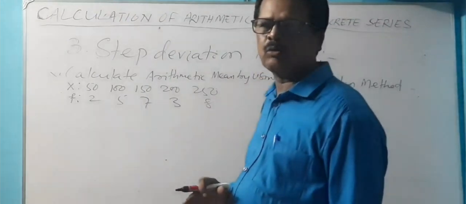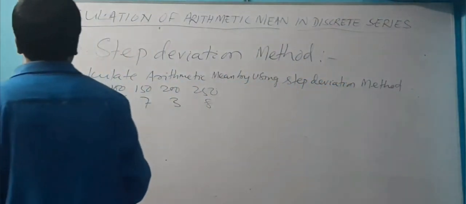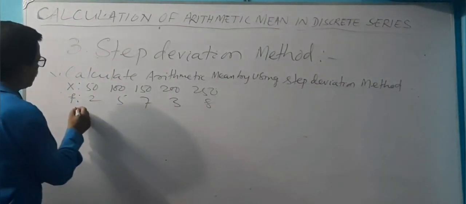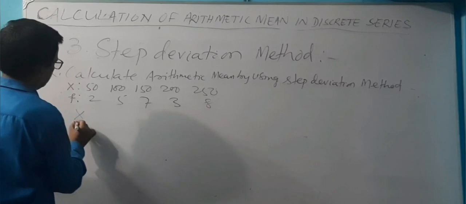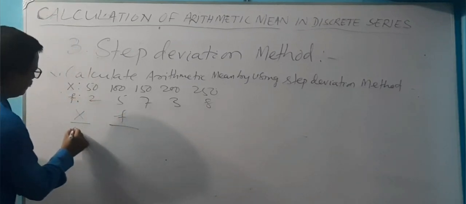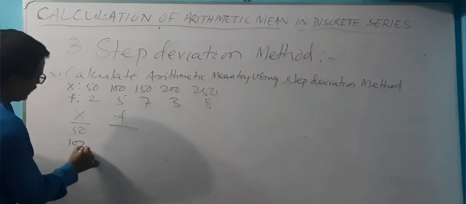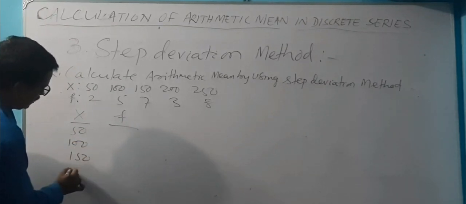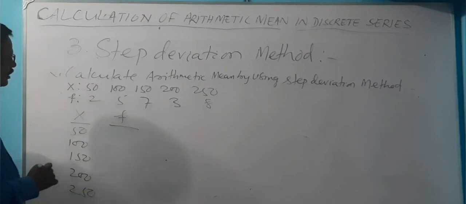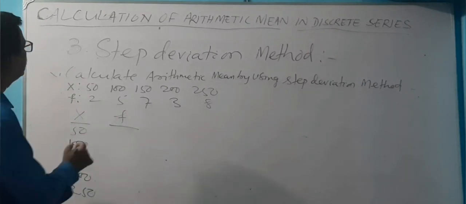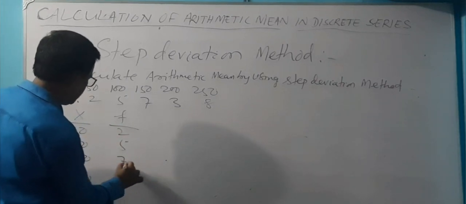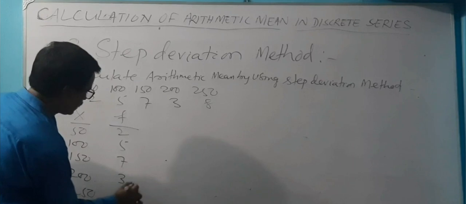First we have to write two columns. In column 1 we have to write x values, and in column 2 f values. Here x: 50, 100, 150, 200, 250. F values: 2, 5, 7, 3, 8.